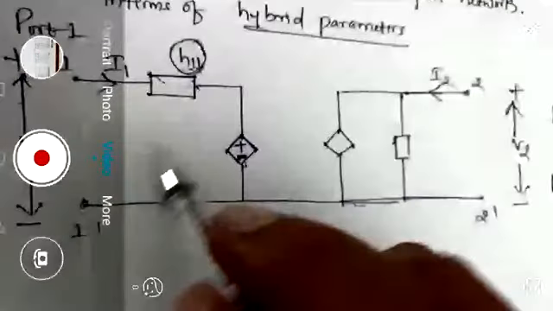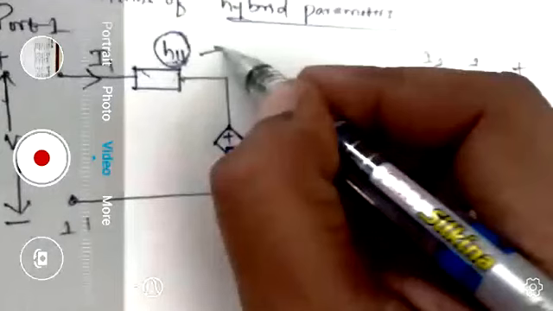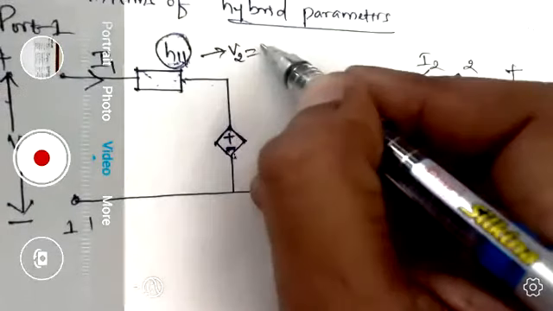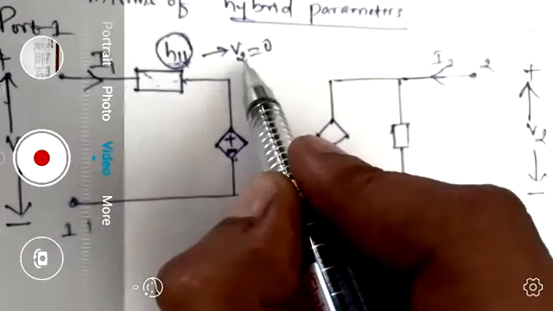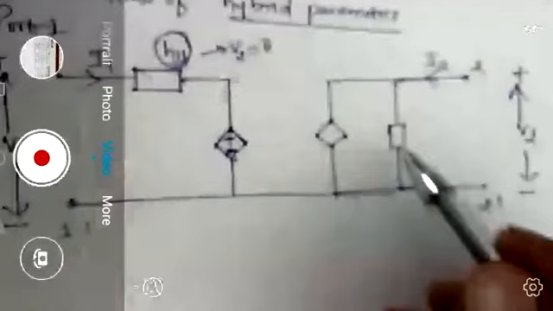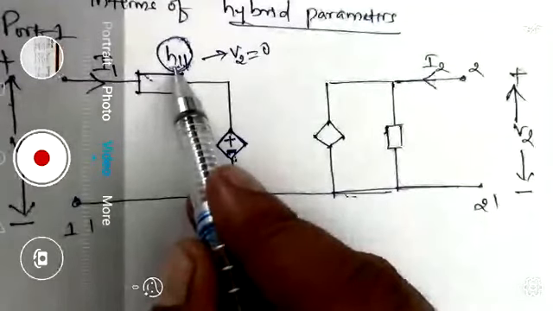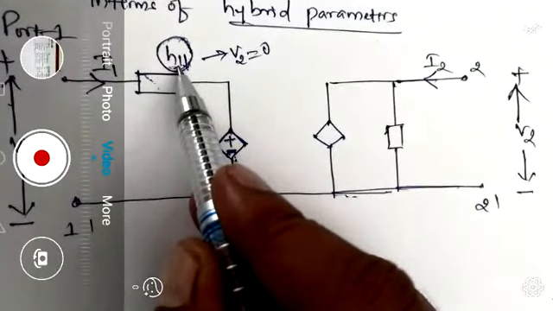The parameter H11 we got because of V2 equal to 0. We calculated the H11 parameter by short circuiting V2. Because of that reason, it is called short circuit input impedance, correct?